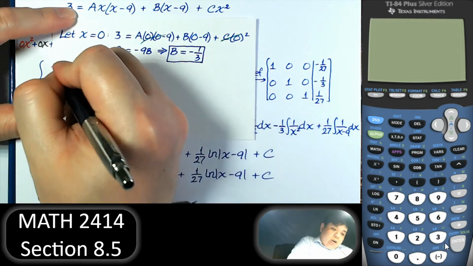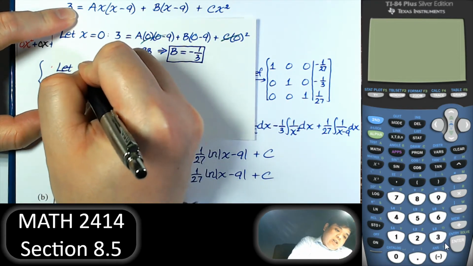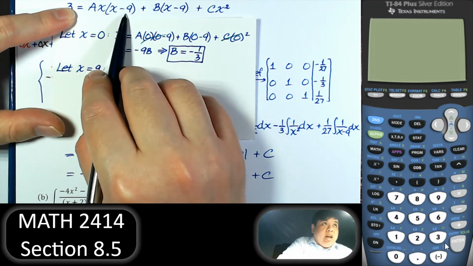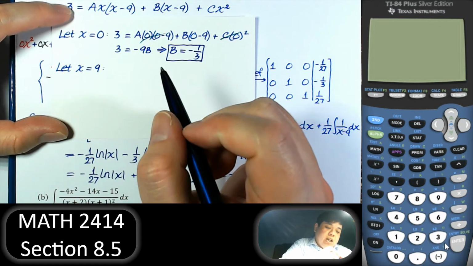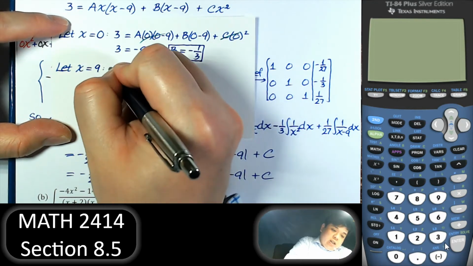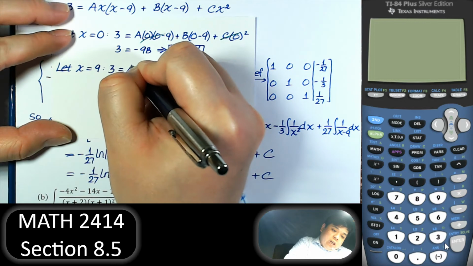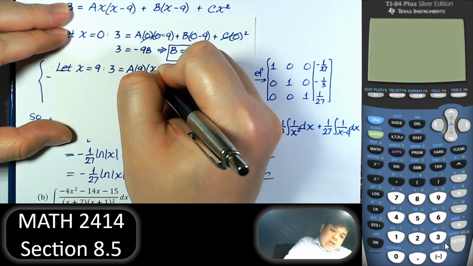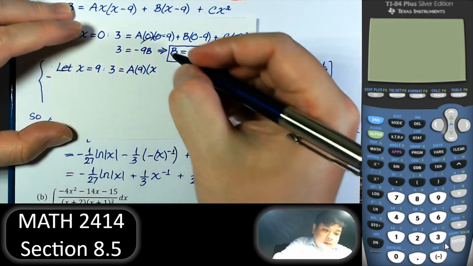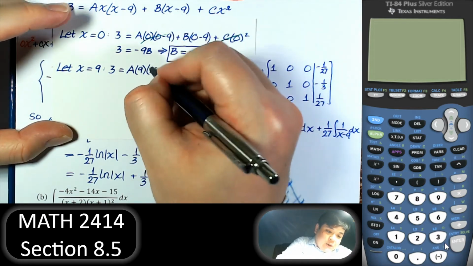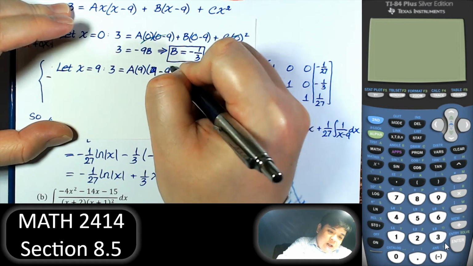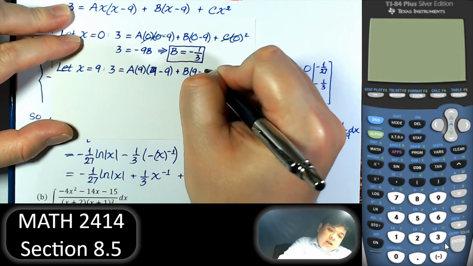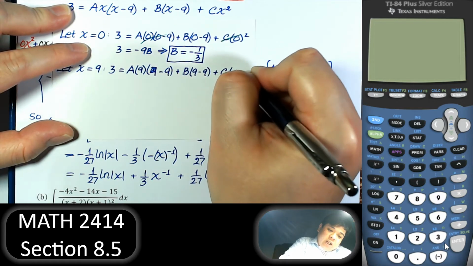Now, next we're going to let x equal to 9, because there's a factor of x minus 9. If we let that equal to 0, we have x equal to 9. We're going to substitute in here. 3 equal to a times 9 times (9 minus 9) plus b times (9 minus 9) plus c times 9 squared.